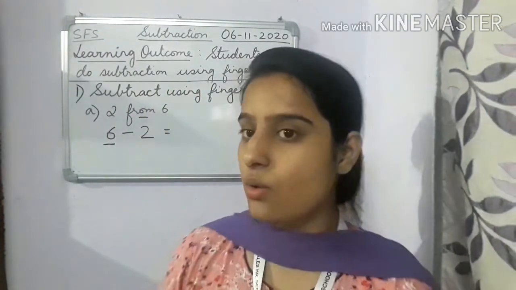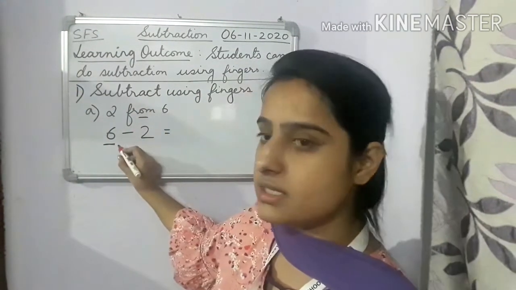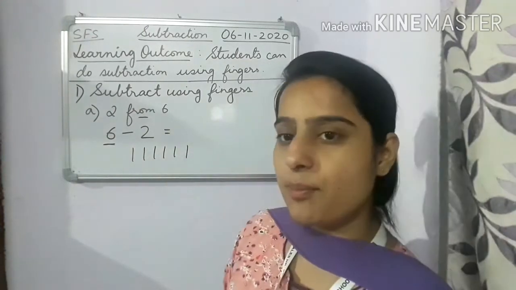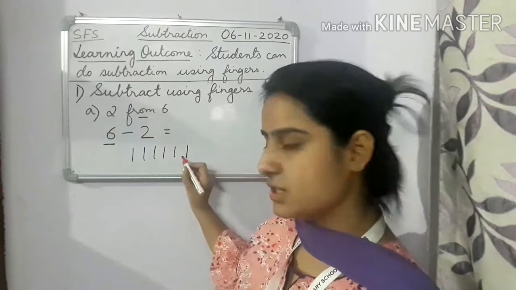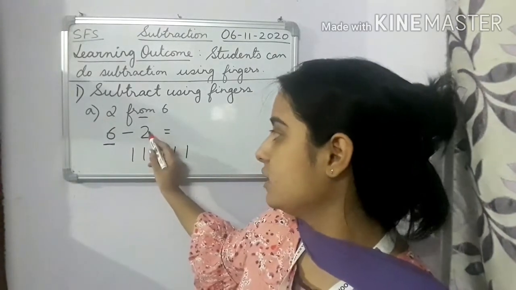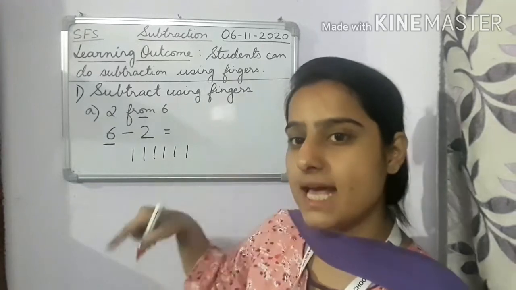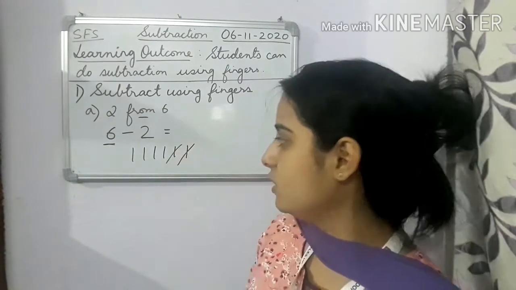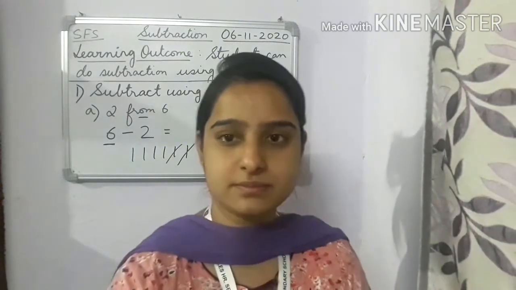Okay. Now out of this 6 fingers, 1, 2, 3, 4, 5, 6. Suppose these are 6 fingers. Okay. Now out of these 6 fingers, minus 2. Minus 2 means we will cancel 2.